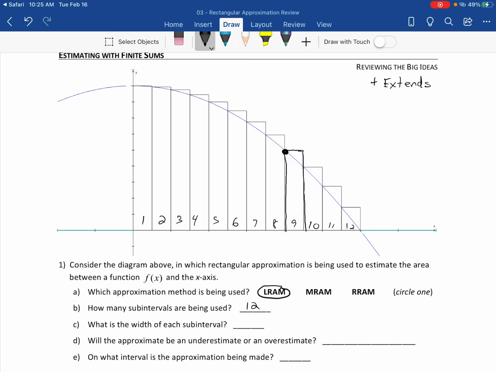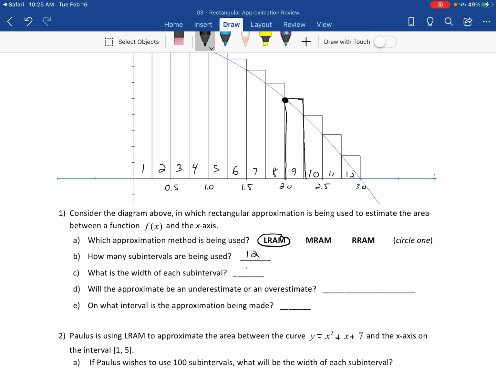Now, it's been cut off on this one, but hopefully on your note you can see that on the scale you see a 0.5, and then a 1.0, and then a 1.5, and a 2.0, a 2.5, and a 3.0. You need those values to know what was the width of each subinterval. And apparently two subintervals is 0.5, so each subinterval here was 0.25.